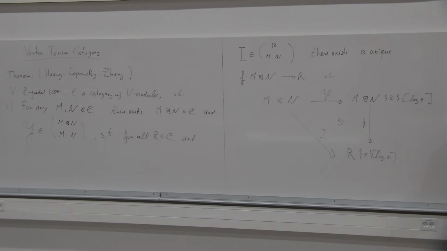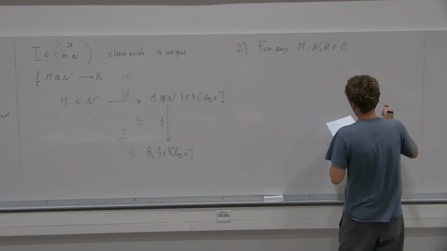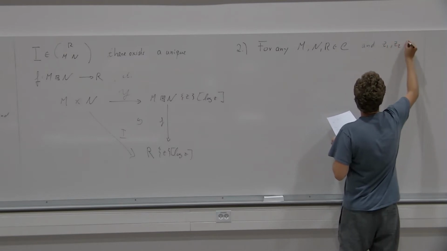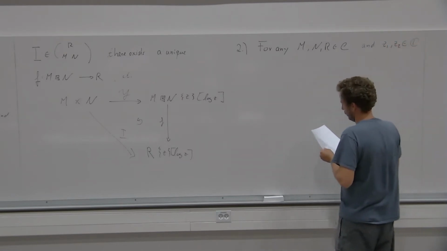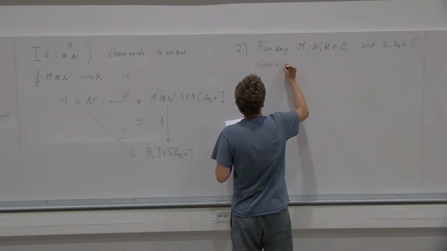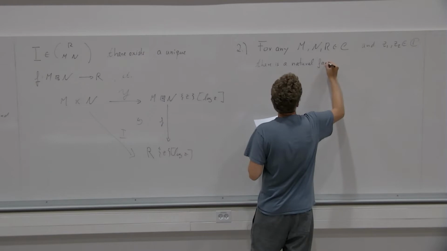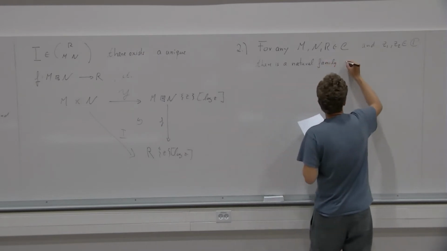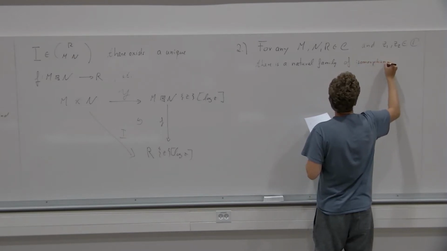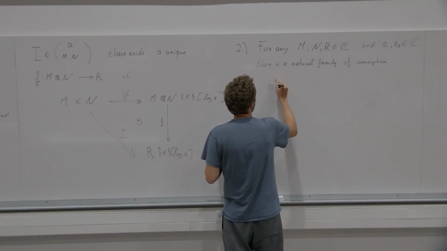For any triple of objects and complex variables Z1 and Z2, there is a natural family of isomorphisms which are labeled by these complex variables.